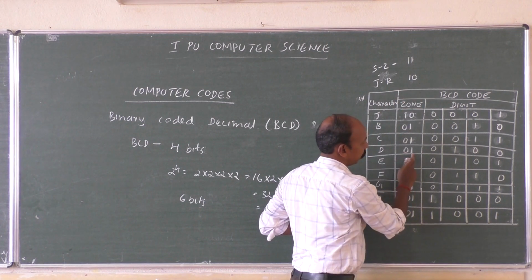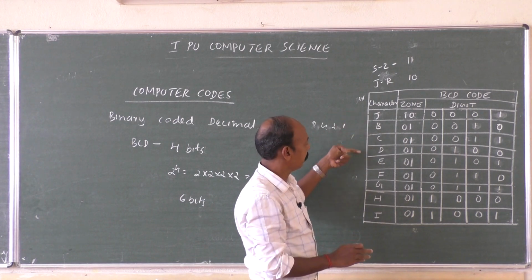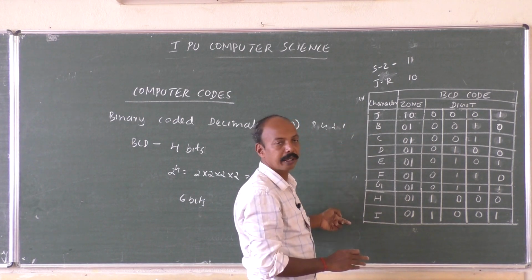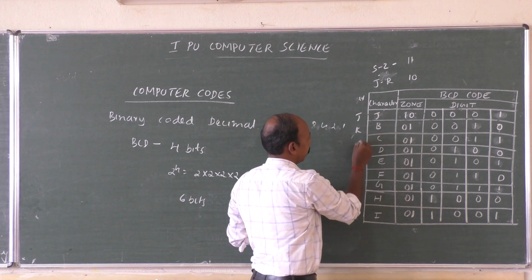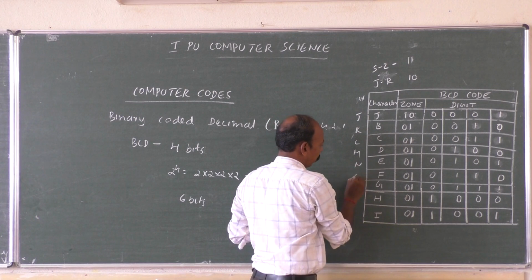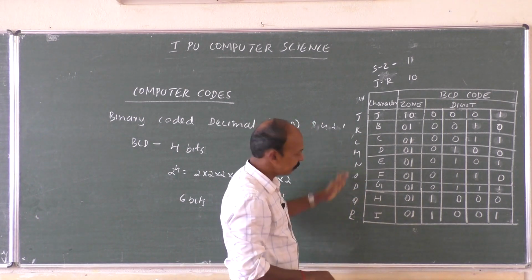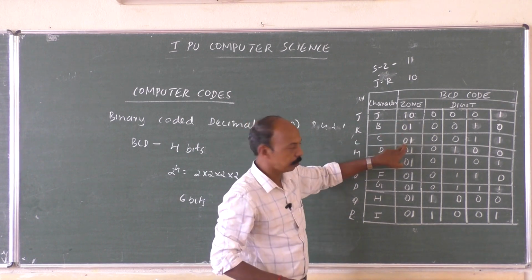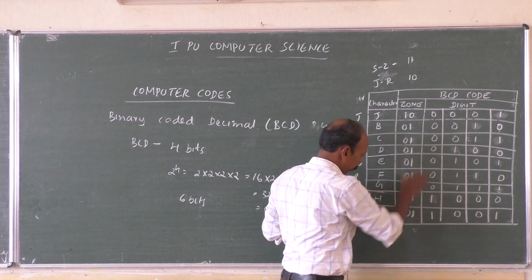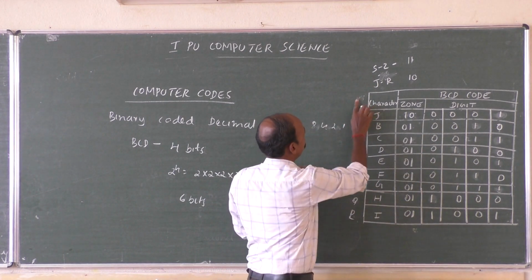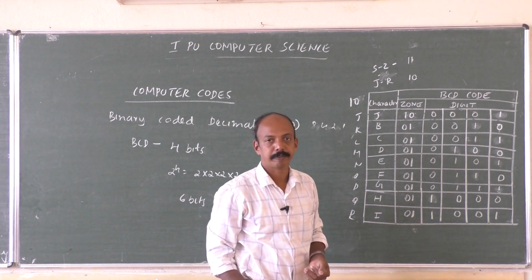You change this 0 1 to 1 0 everywhere and write for J, K, L, M, N, O, P, Q, R. For these alphabets, this particular zone changes from 0 1 to 1 0. It will be 1 0 for these combinations.